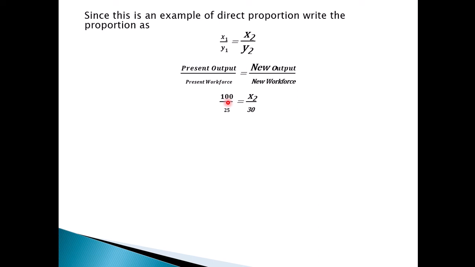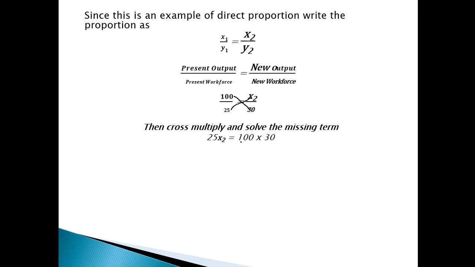After that, let's substitute 100 over 25, which is equal to x sub 2 over 30. So I'm using the variable we have here in our original form, x sub 2 over 30. And in this case, what should be the next step? The next step will be cross multiplication. And how do we apply cross multiplication here? By simply multiplying its cross. Multiply them.